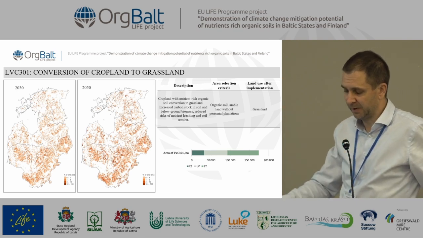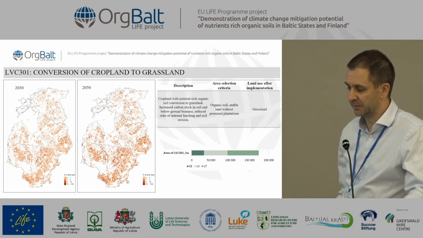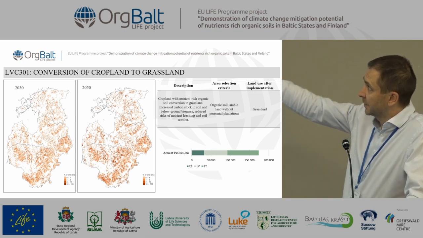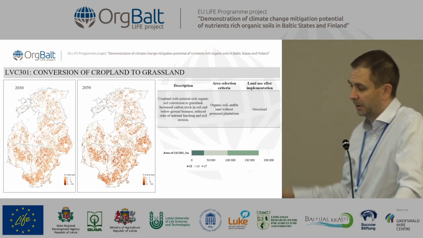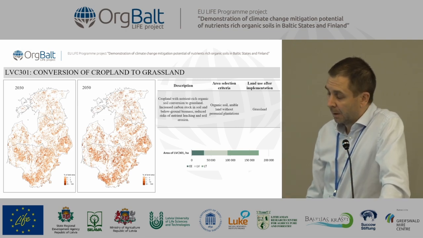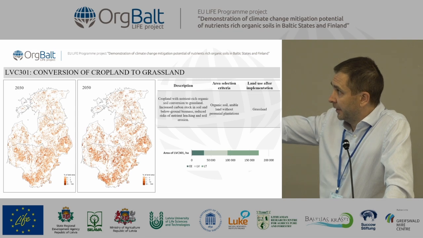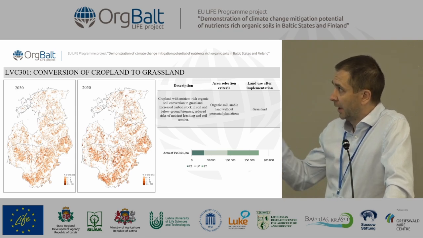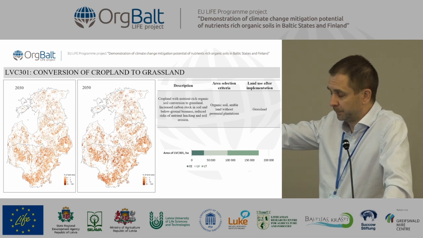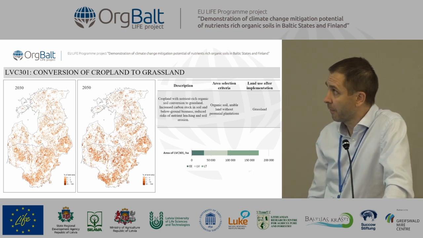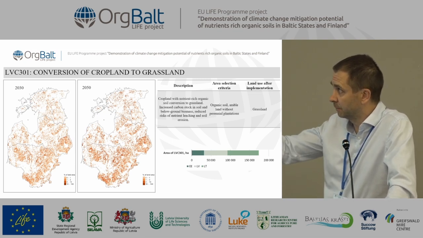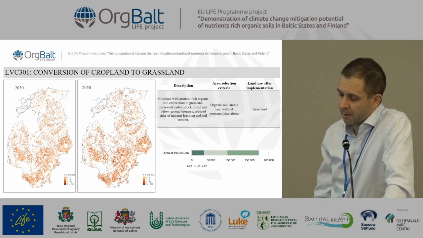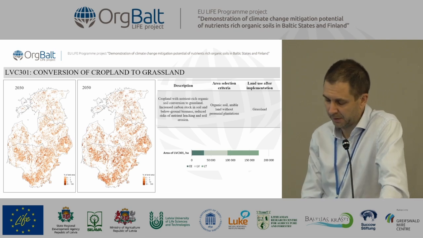That's the maximum possible area on which we can implement this measure. And after implementation of this measure, this will be just grassland. So the area is the maximum of the possible area. And here we can also see a small graph of how it is distributed, how much it is in total in Estonia, in Latvia and Lithuania.